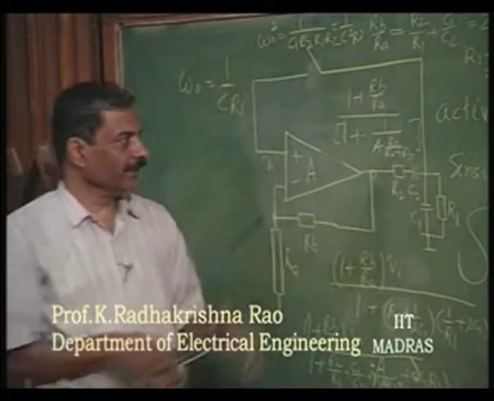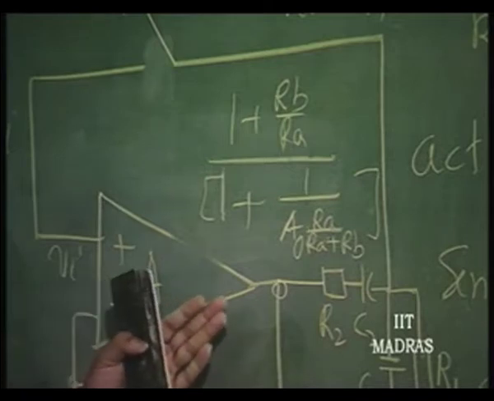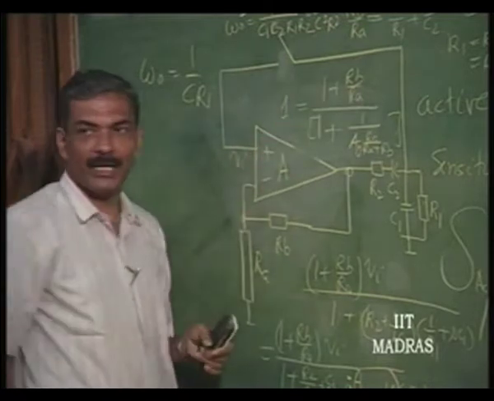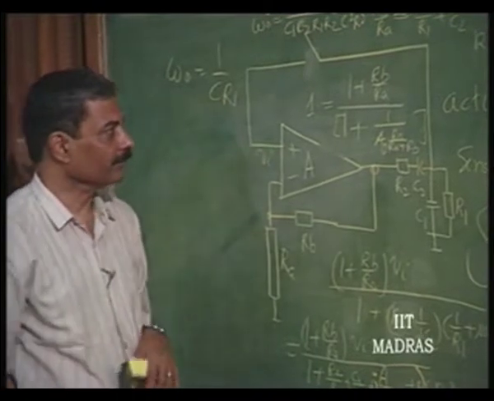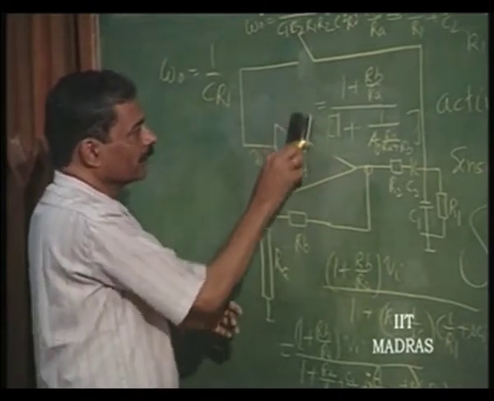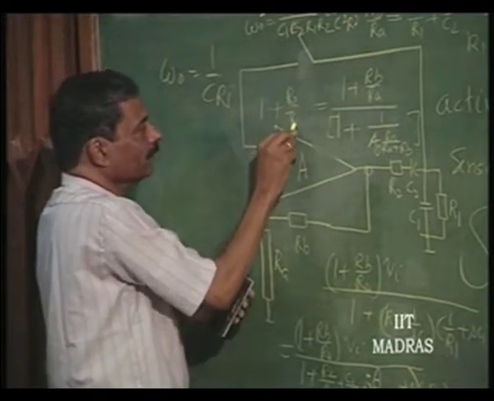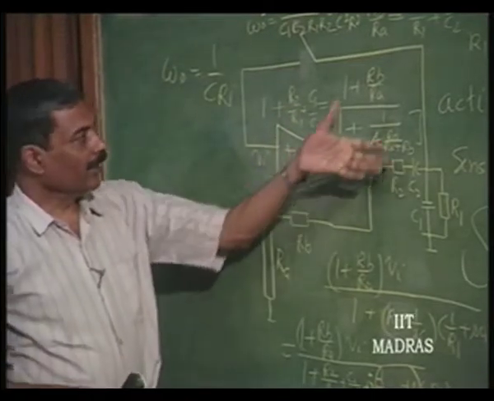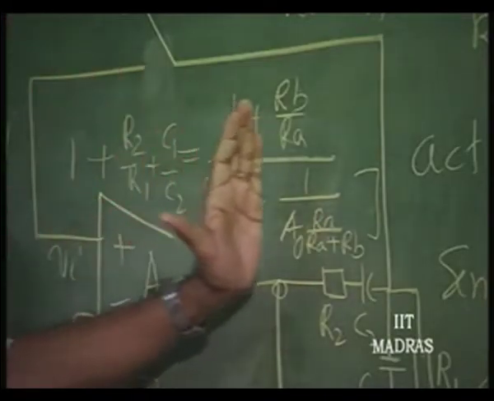If A is real, this will be simply A naught, and this whole factor has to be made equal to 1. That is the condition, and therefore if A naught is not infinite, there is no problem of satisfying this condition.